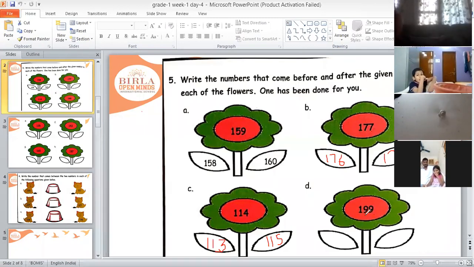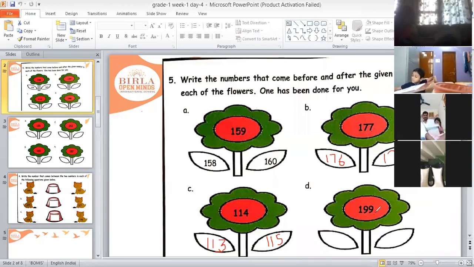Bit D. What is that number? No. Akshay, see that number properly. Come on, it's in your book also. This is bit D. Come on, quickly.